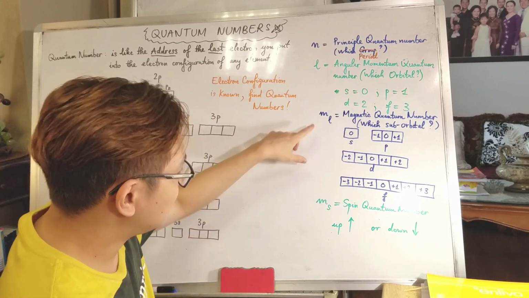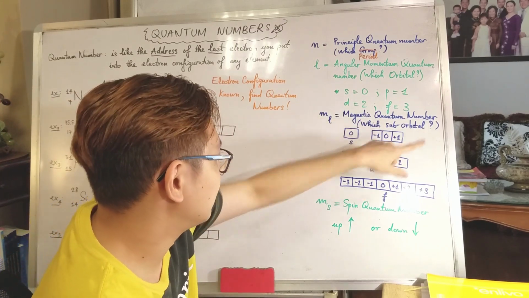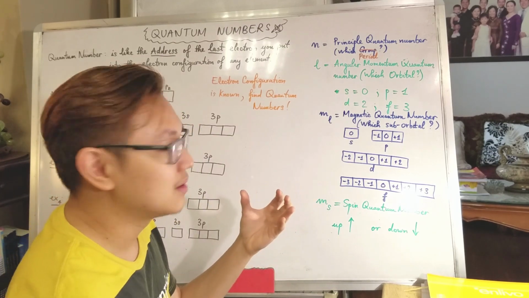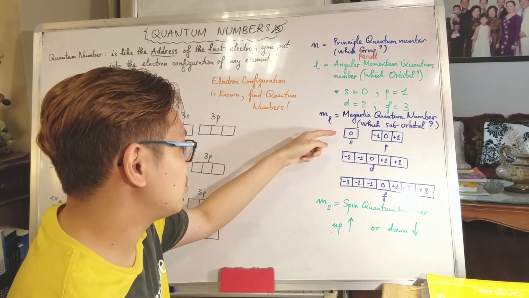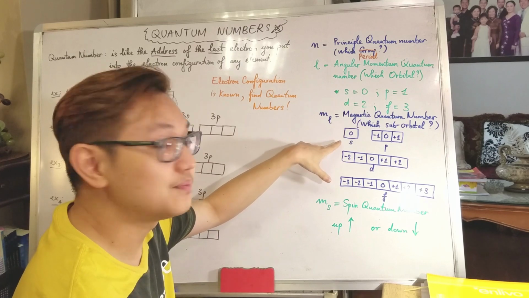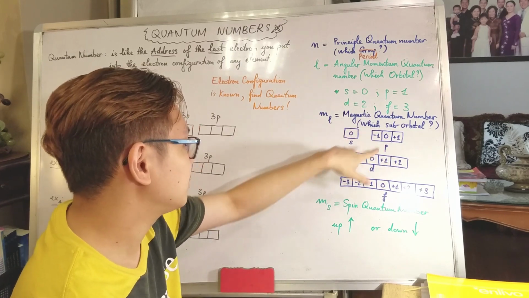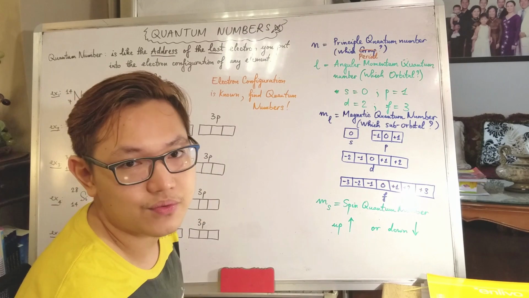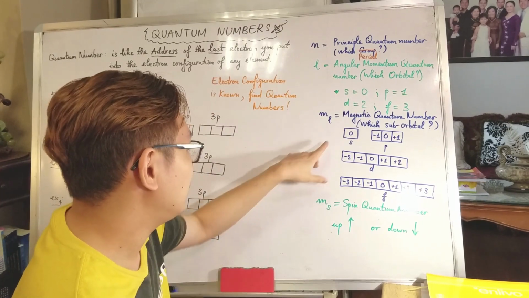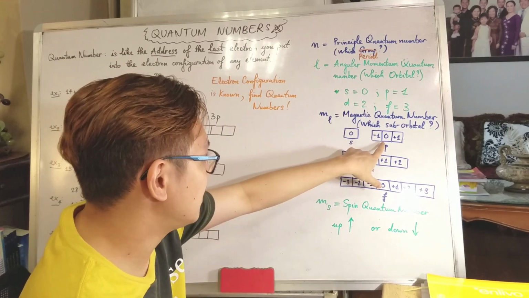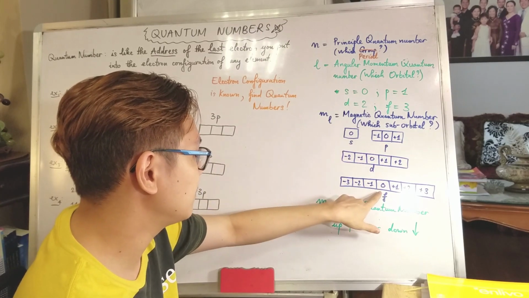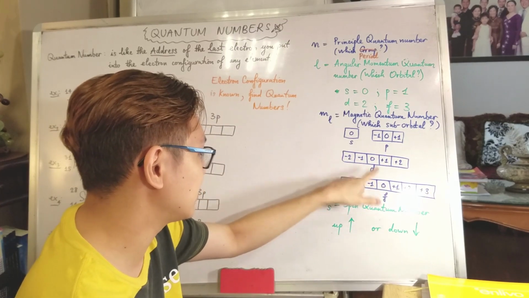Then the next quantum number is the ML, which is the magnetic quantum number. The orbital that the last electron ends up in might be S, P, D, or F, but S has 1 square, P has 3 squares, D has 5 squares, and F has 7 squares. To know exactly which square it belongs to, we divide like this. The middle square always bears number 0.